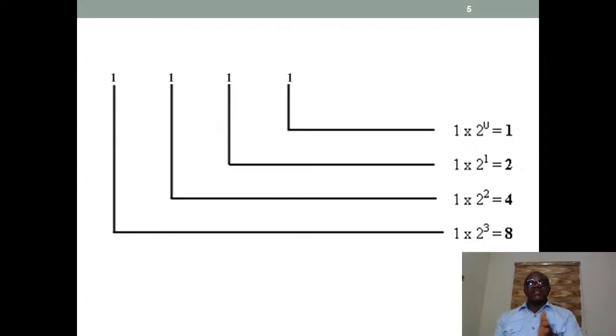The next one represents 1 times 2 raised to power 2, which is 4. The next one represents 1 times 2 raised to power 3, which is 8. If we go next, it becomes 1 times 2 raised to power 4, which will be 16. It continues like that to 32, 64, 128, and so on.